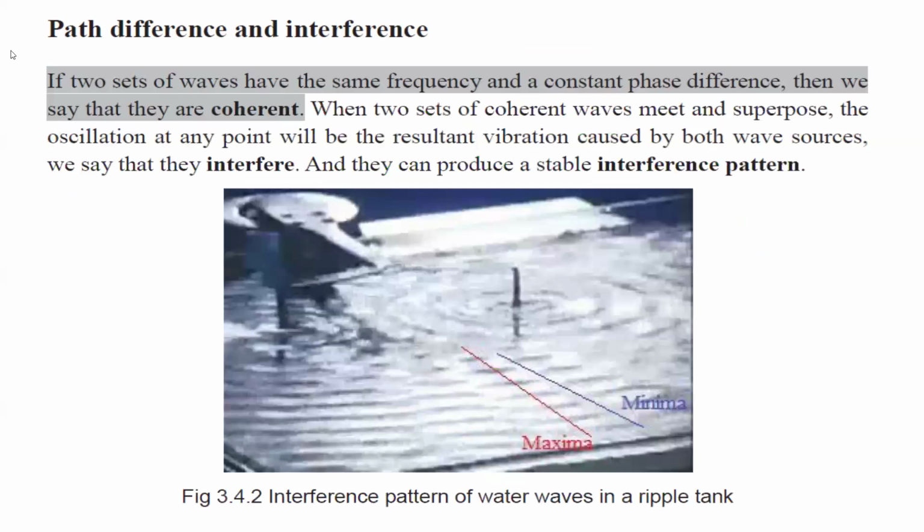So we have a source 1 which is producing a wave in different directions, and we have source 2 which is also producing a wave in different directions.